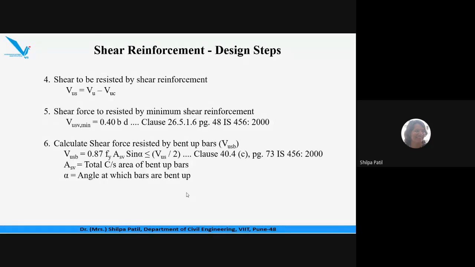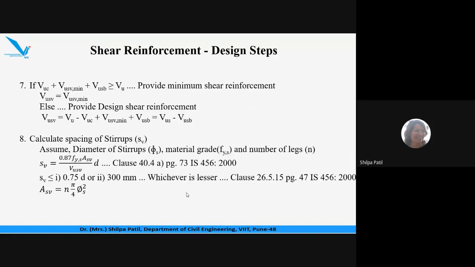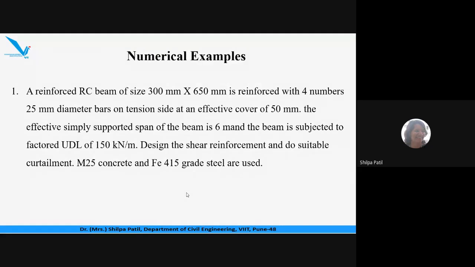Take a photograph of this slide also. Done, ma'am. And this is the last one. Done. Okay. Now take down this problem statement.